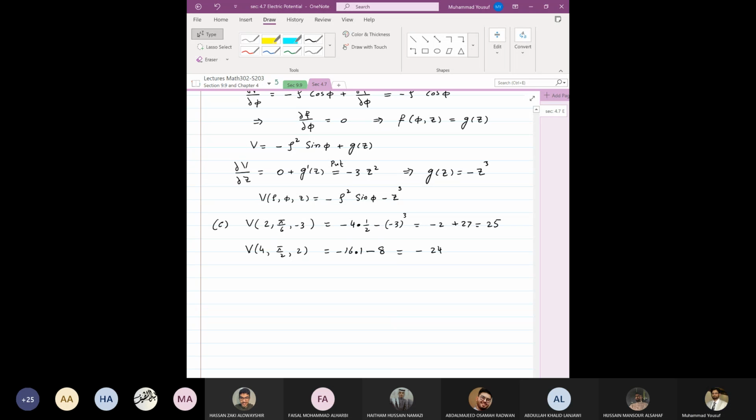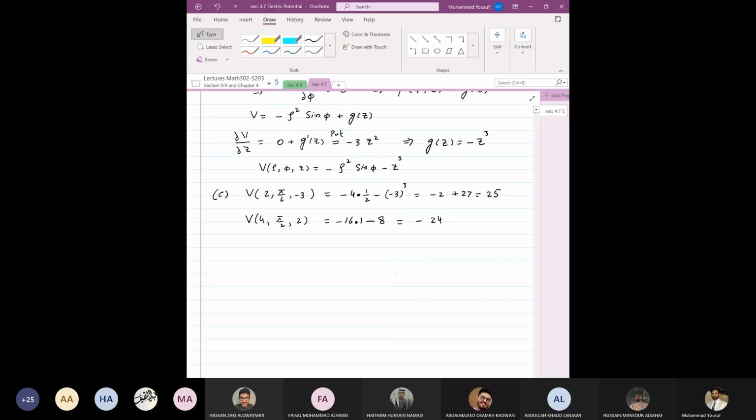Okay. So this integral, they are saying evaluate this integral, from (2, pi over 6, negative 3) up to (4, pi over 2, 2) of E dot dl.